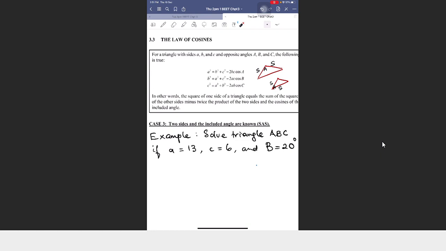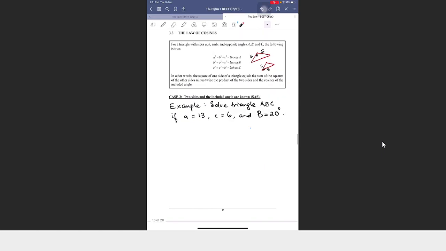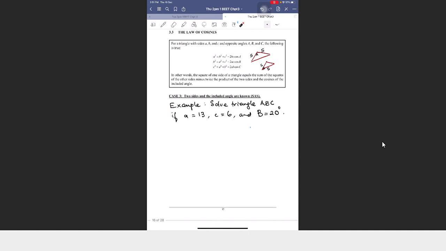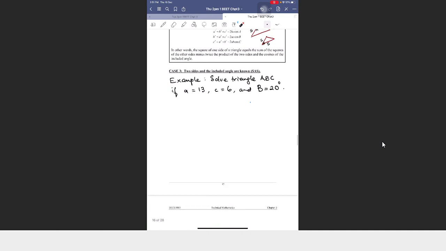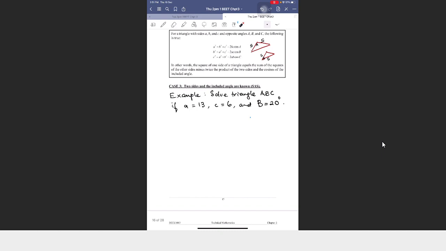Let's look at this example that I've already written. Solve triangle ABC, where A is 13, C is 6, and angle B is 20 degrees.